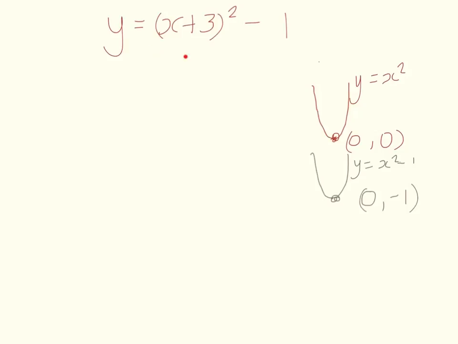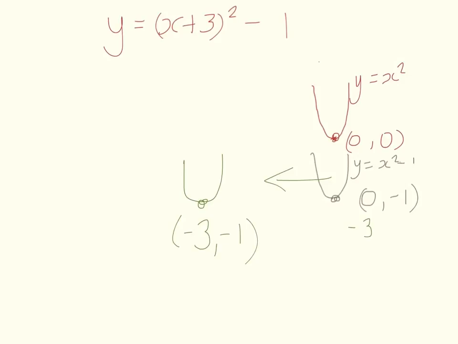Now if we think about this here, I've got y equals bracket x plus 3 all squared take away 1. This doesn't do what you think it does. This does not move 3 places to the right, it moves 3 places to the left. So I can shift this 3 places to the left. So this would be my turning point, and this would go down by 1. So my turning point would be minus 3, minus 1.